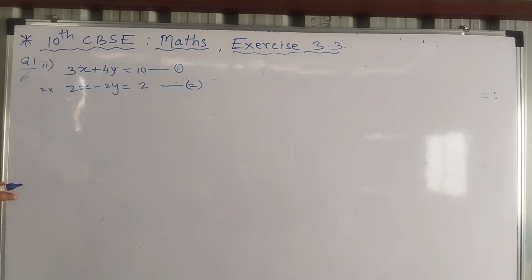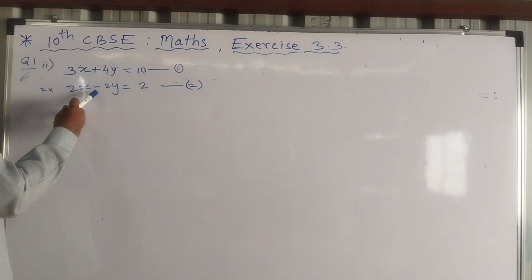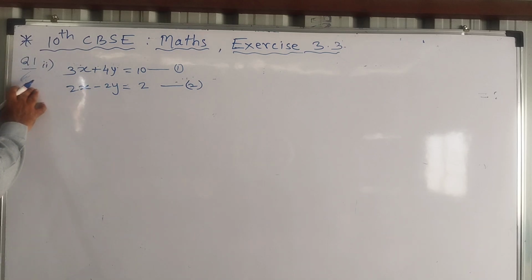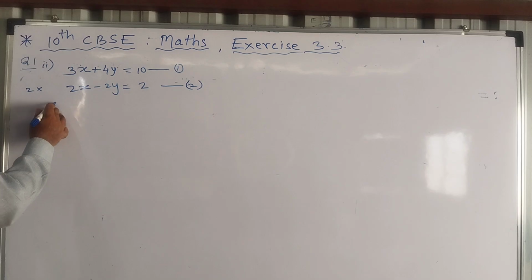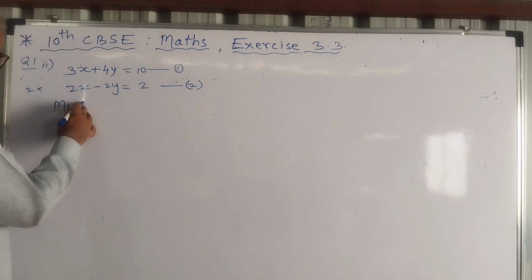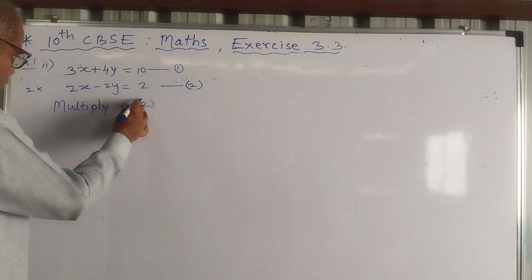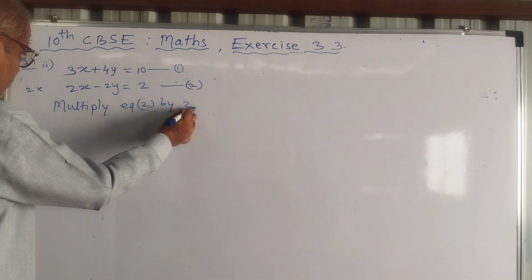Therefore we will consider equation 2, and which will be multiplied by 2, so that the coefficient of y will be same and the signs are different. That's why they are directly eliminated. So first thing here I need to multiply it by 2. So write it here, multiply equation 2 by 2.